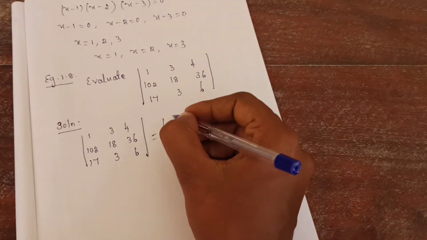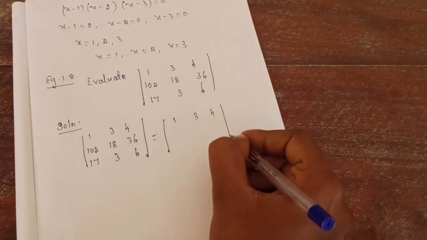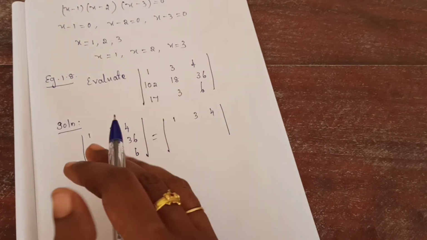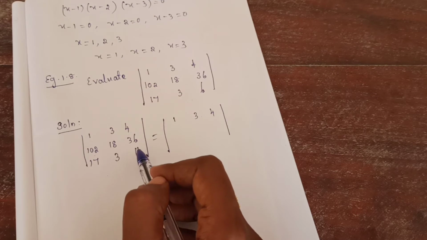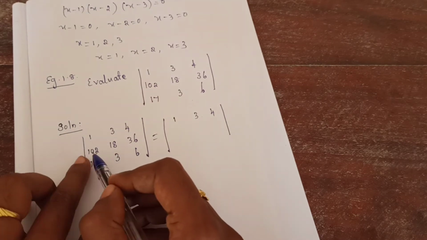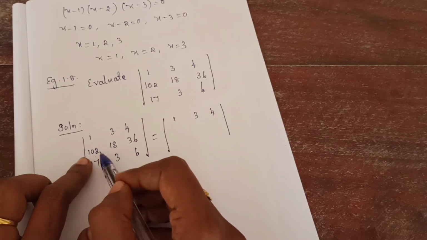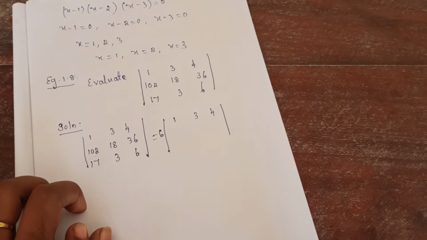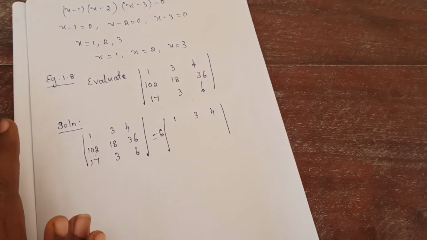So 1, 3, 4 as it is. I think in the second row one common element is there. 36 means 6 is common. 18, there also 6 is common. 102, shall we check? 6 times 17 is 102, so it is also common. So 6 is common, and you can take the 6 outside by using the property.